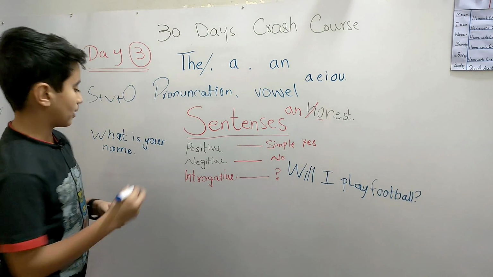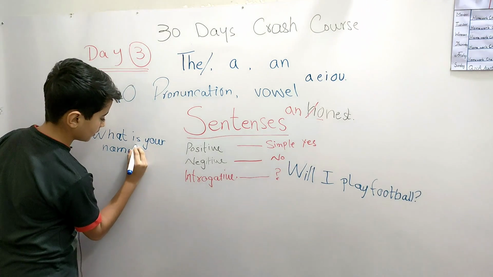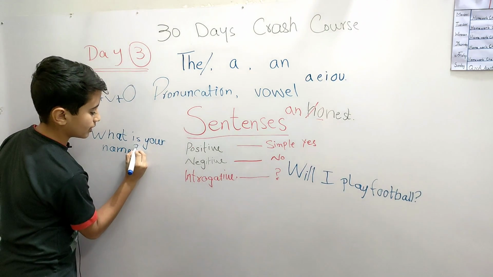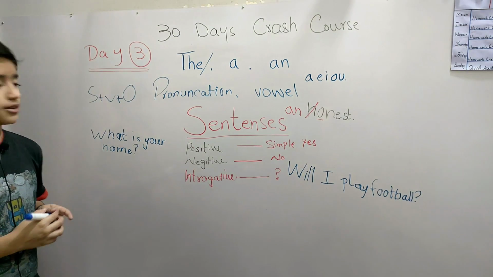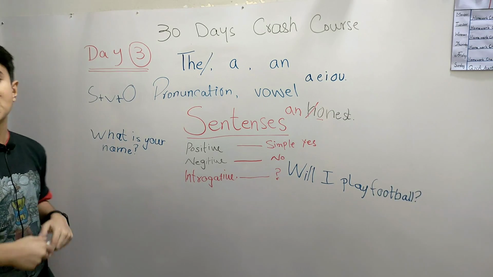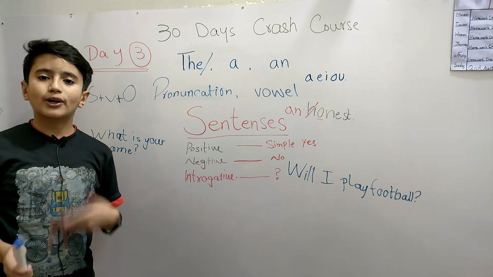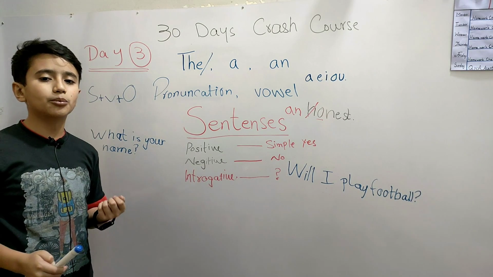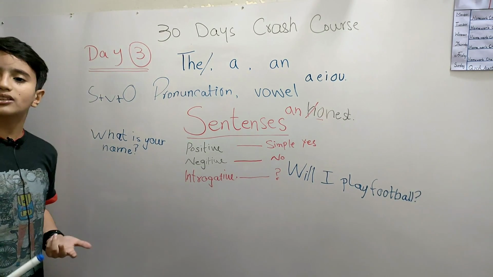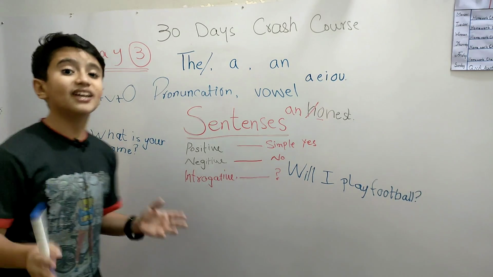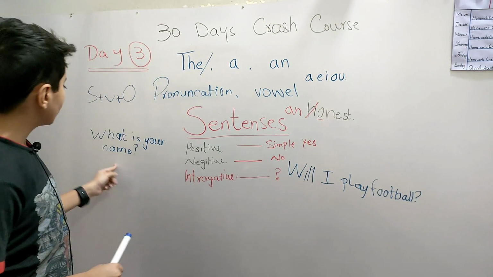Yes, it is an interrogative sentence. What is your name? This is a question. Interrogative can sometimes be for getting more information when you don't have information, and secondly when you want to ask for information. We use interrogative for this purpose.